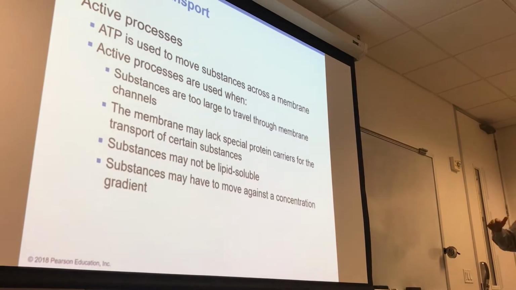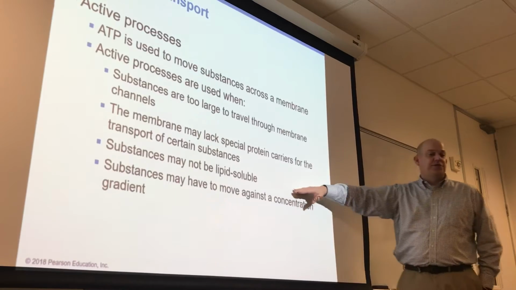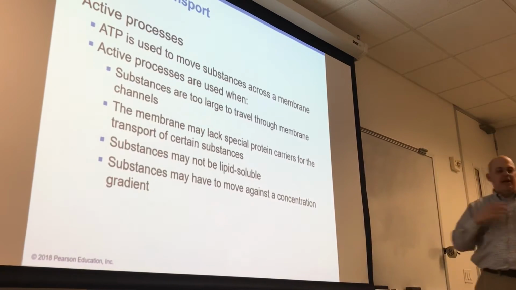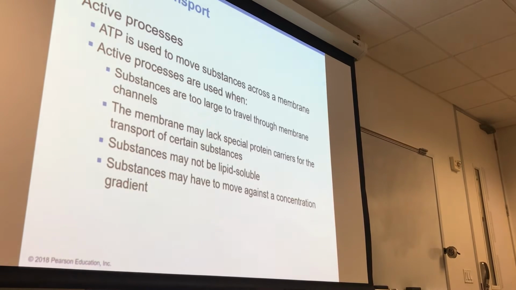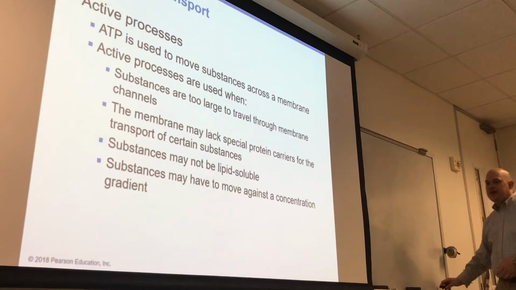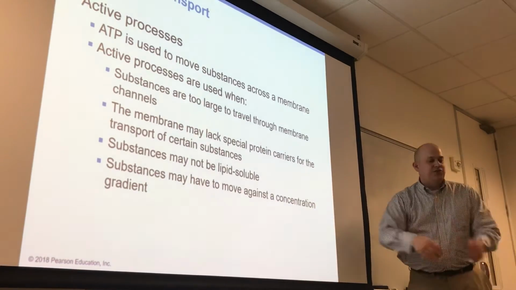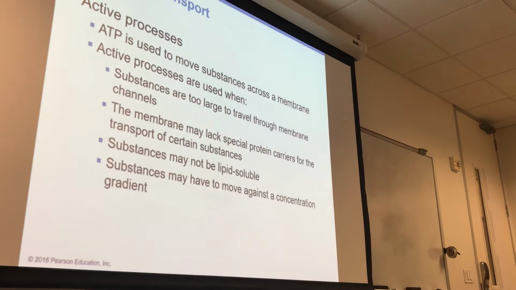Three, these substances can't be fat soluble. They're going to have to use some sort of channel. If they were fat soluble, ATP wouldn't be a necessity because they'd just be able to move on through the cell's membrane in the base case. And they have to go against what's known as the concentration gradient, which is the natural movement of material, that natural kinetic energy we just talked about.